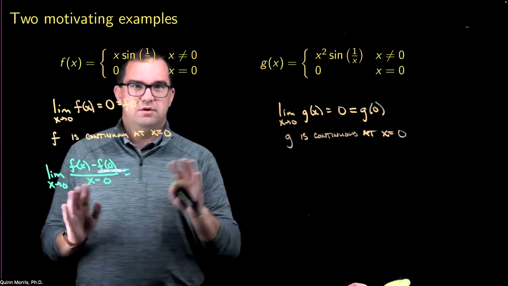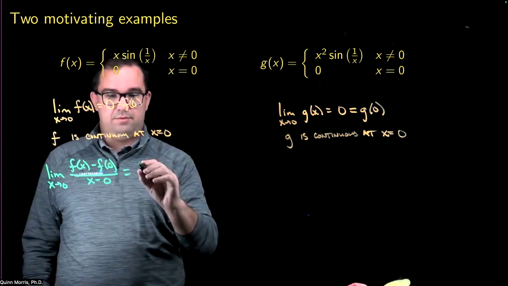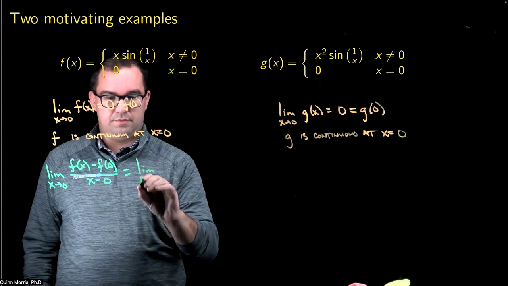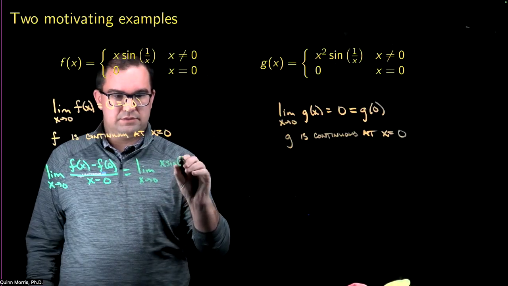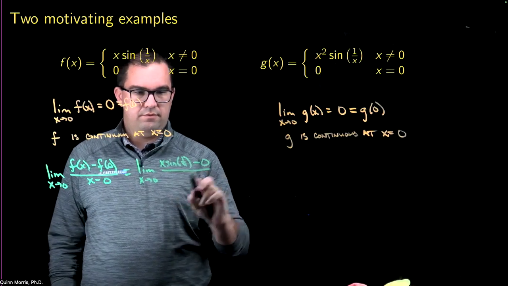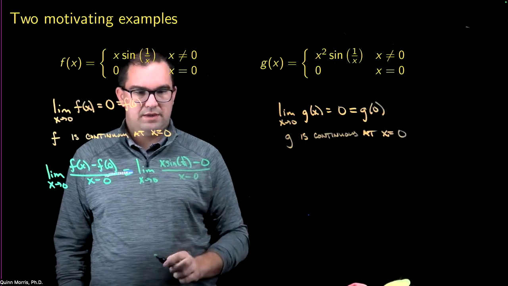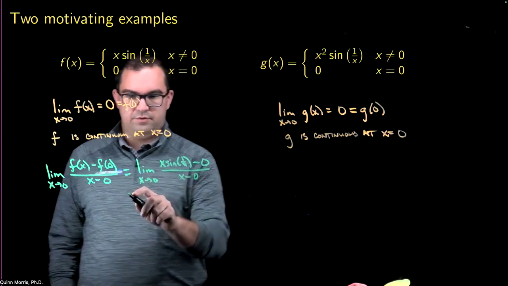So f of x would be x times sine of 1 over x, minus f of 0, which is 0, over x minus 0. So I just have some zeros here.